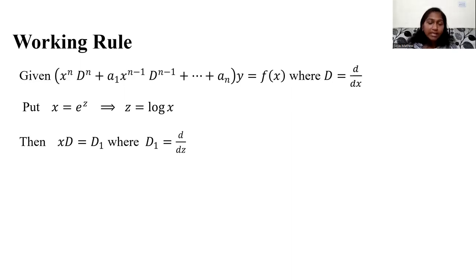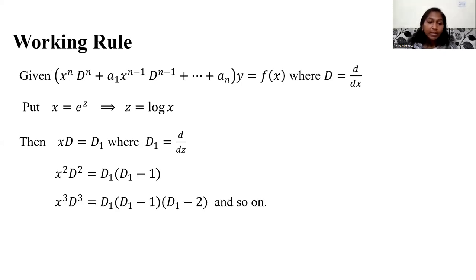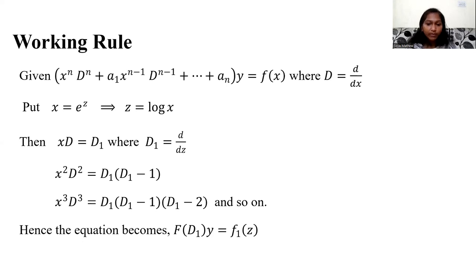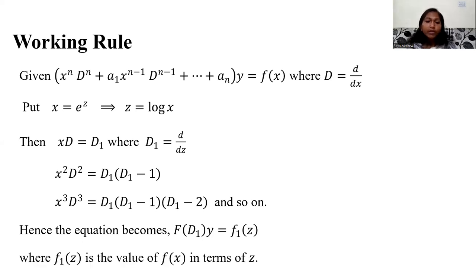We take xD as D1, x squared D squared as D1 into D1 minus 1, x cubed D cubed as D1 into D1 minus 1 into D1 minus 2, and so on, where D1 is the differential operator d by dz, whereas in the beginning we had D, which is a differential operator with respect to x. So we can rewrite our equation in the form F of D1 y is equal to f1 of z, where f1 of z is the value of the function f of x in terms of z.